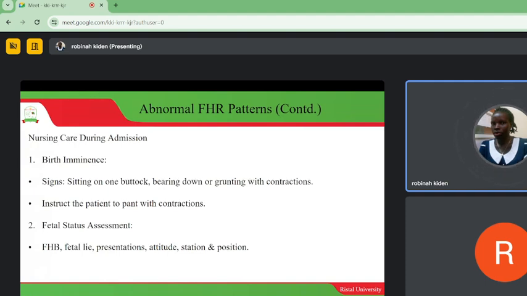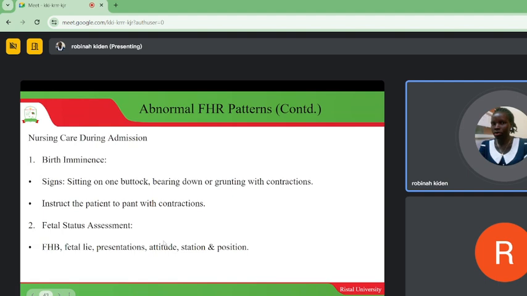Is there imminent labor? The signs can be sitting on one buttock, bearing down or grunting with the contractions. These show that the mother is in second stage and will deliver soon. Then we instruct the patient to pant with the contractions.